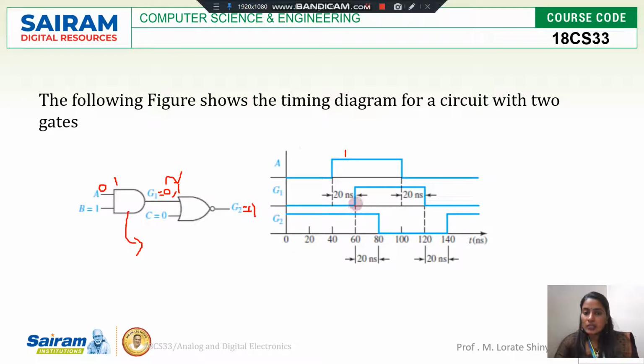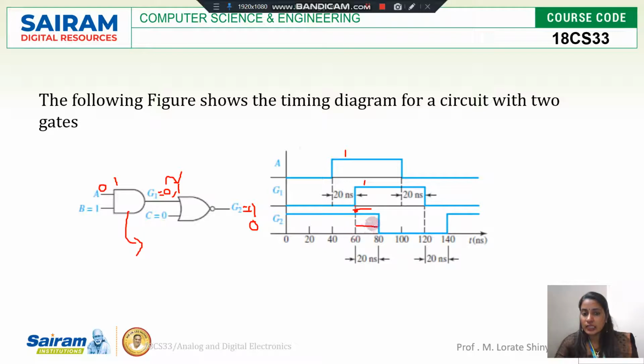Now see, G1 changed from 0 to 1. G1 is 1, so 1 and 0, 1 plus 0 is 1. The inverter gives 0, so G2 should be 0. Here, at this point it must change from 1 to 0, but it is not changing.